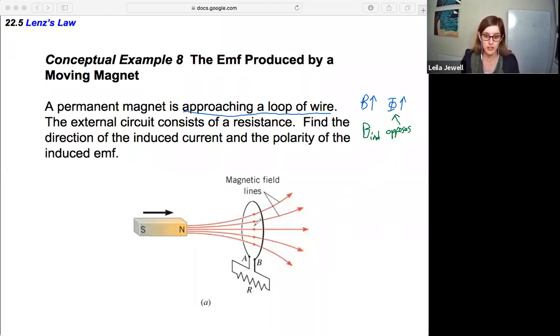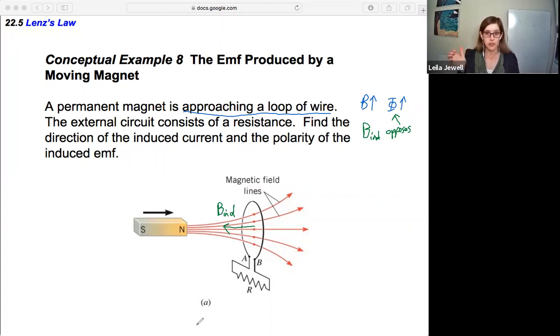We're going to need to induce a magnetic field that acts opposite the increase, so that at the center of the coil, the induced magnetic field is going against that change. Once we know that, then we can think about our right-hand rule.